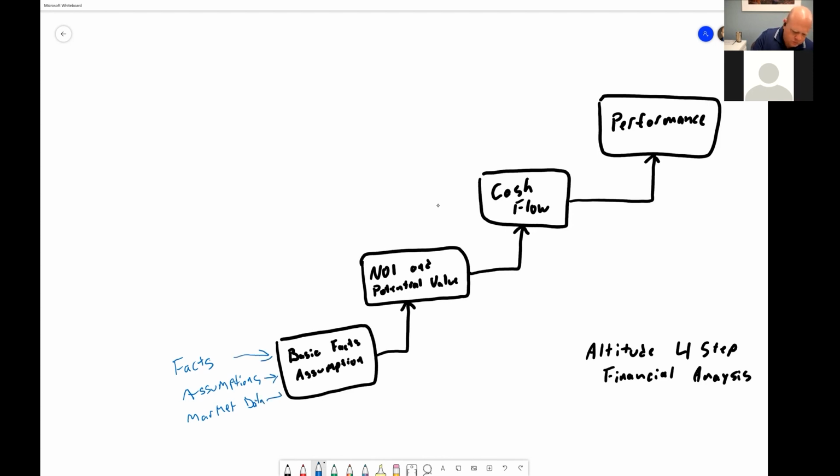Those are the key things that go into that main step. Now, under the next step, the NOI and potential value, we've got rent roll, which also feeds into income, and we have operating expenses. That's not surprising because these are what comes up in our NOI calculation.